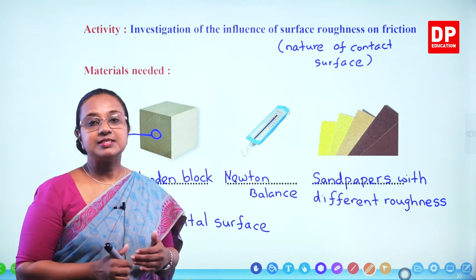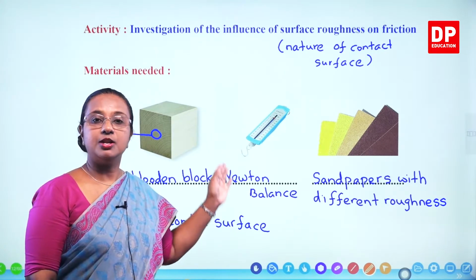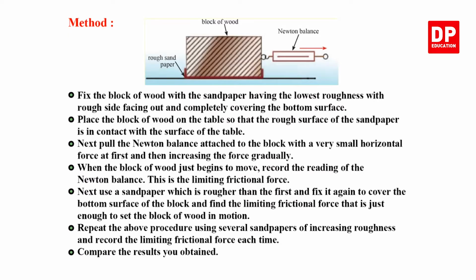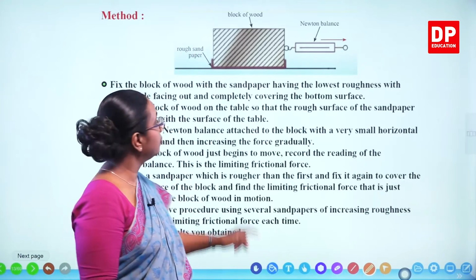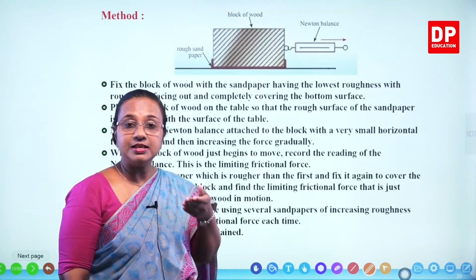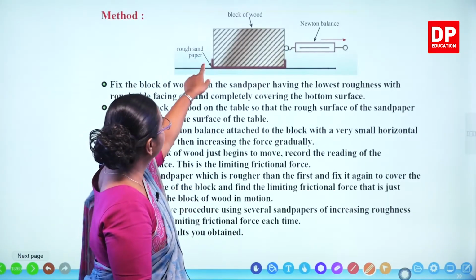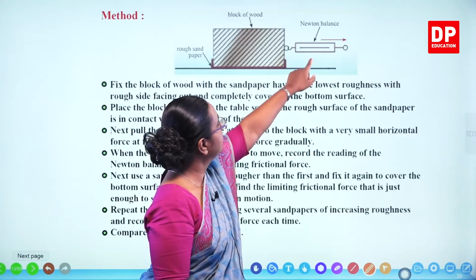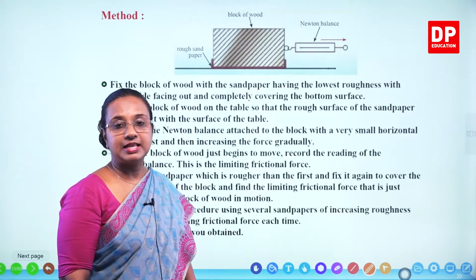So let me first summarize the method or the procedure once again for you all. The method, as you can see here, the block of wood is shown and the rough sandpaper, initially we start with the least roughness, is pasted to the block and the hook is shown there and the Newton balance is attached there.